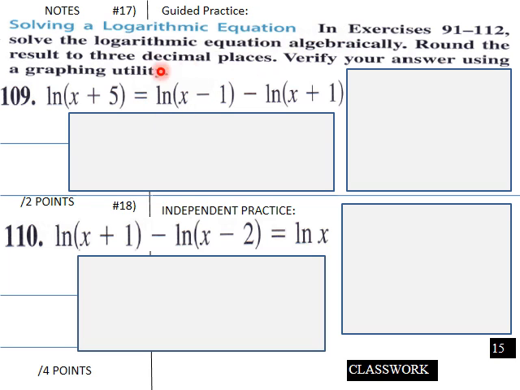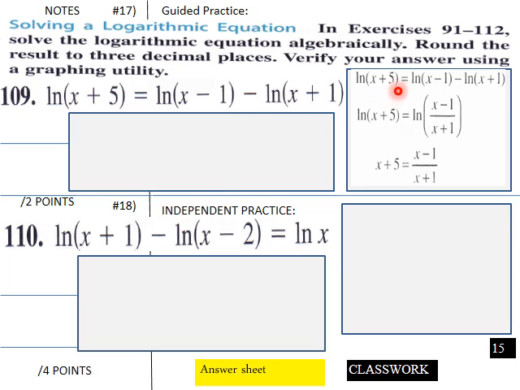Okay, so we have these two problems here. Round the result to 3 decimal places. So we have a logarithmic equation here. Verify your answer using a graphing utility. So in the first one here, natural log of x plus 5 equals natural log of x minus 1 minus natural log of x plus 1.